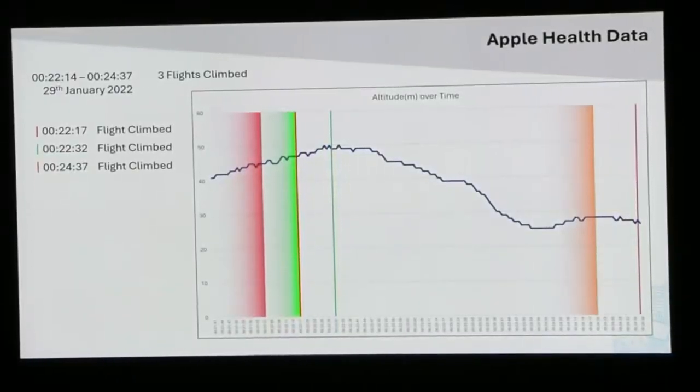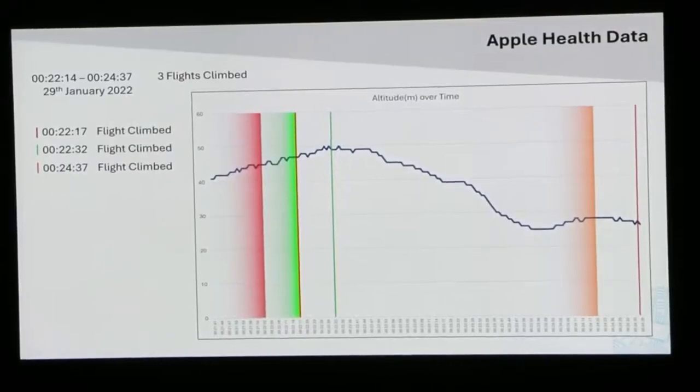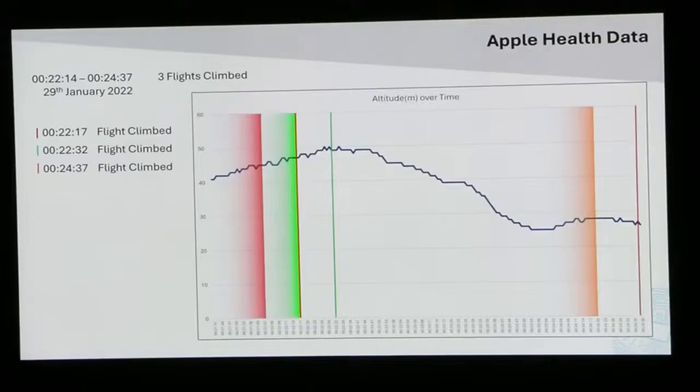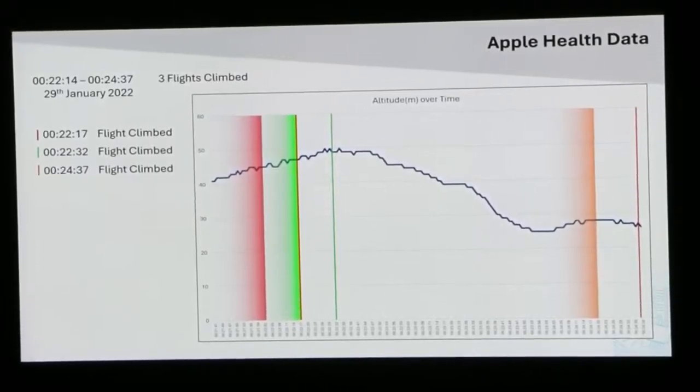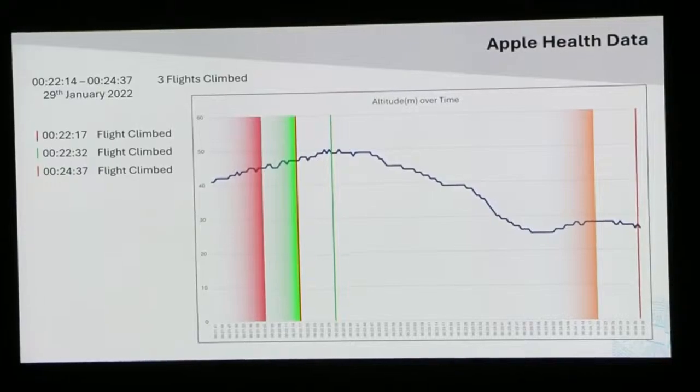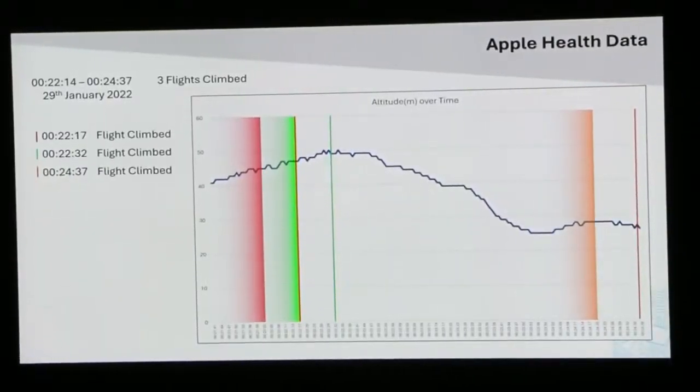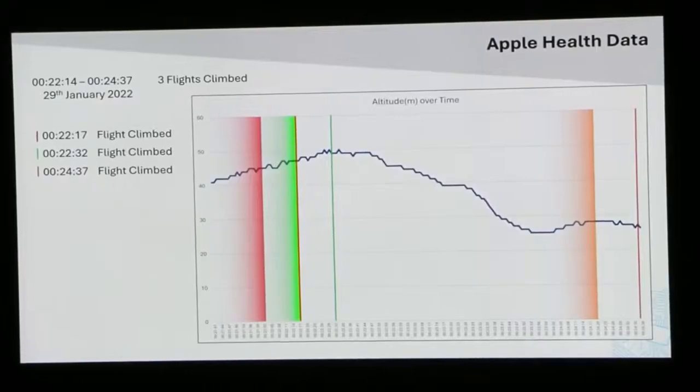We then don't see an incline change for a while. All we see is the device going downhill until we get the record right at the end there at 24 minutes and 37 seconds. And again, working back around 15 seconds to the orange gradient, we see an increase from around 25 to 28, 29 meters. Again, that would be sufficient to cause a flight climb event to be recorded.